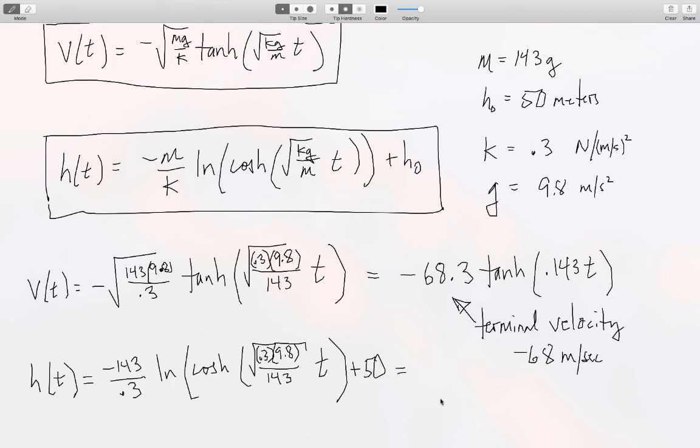So this whole thing will work out to be about negative 476.7 roughly, natural log cosine hyperbolic of that same coefficient 0.143t, plus 50. So those are two functions that I want to graph. So let's take a look at what that looks like.